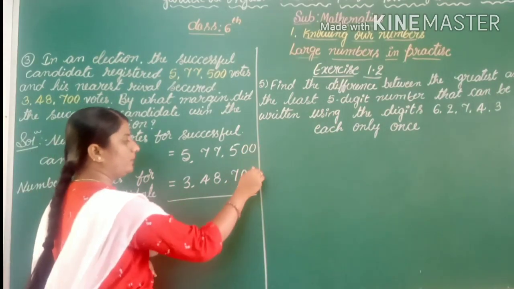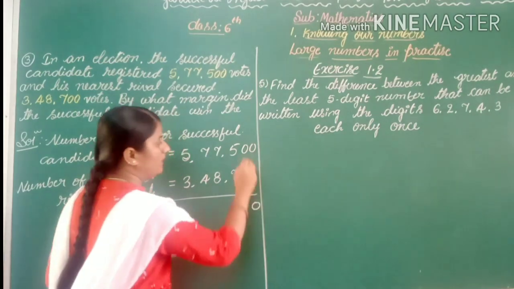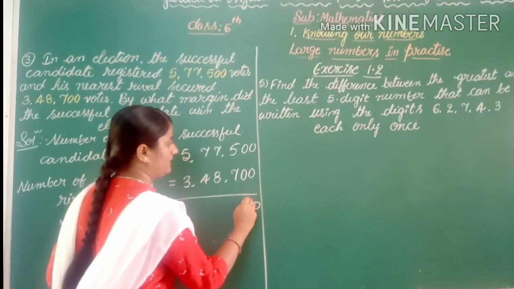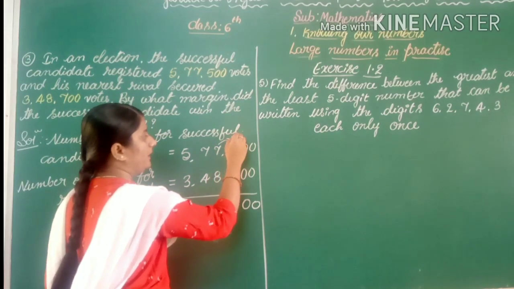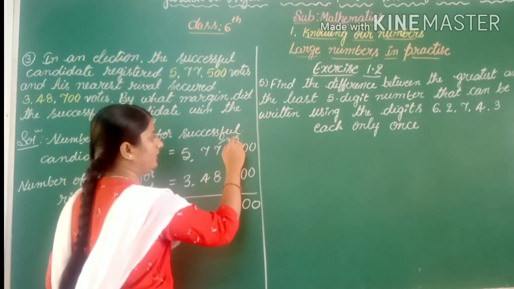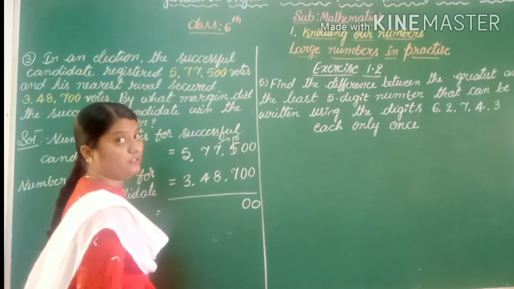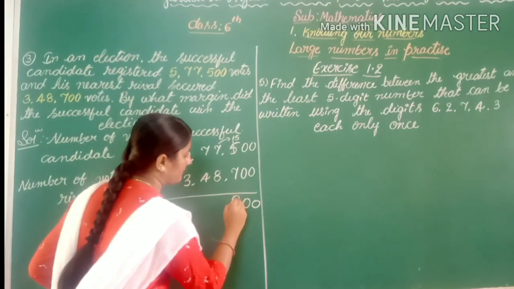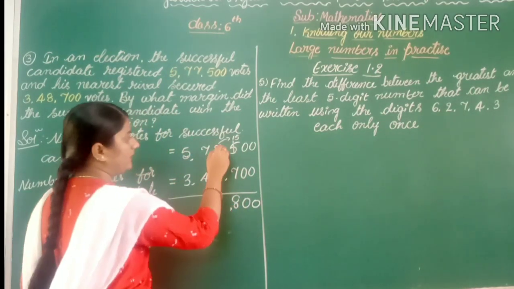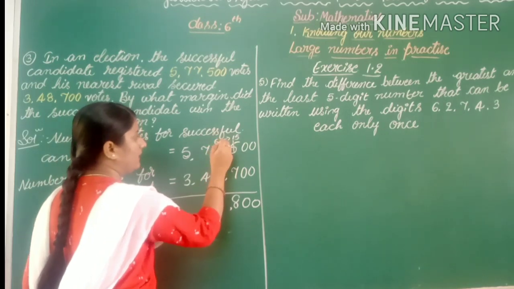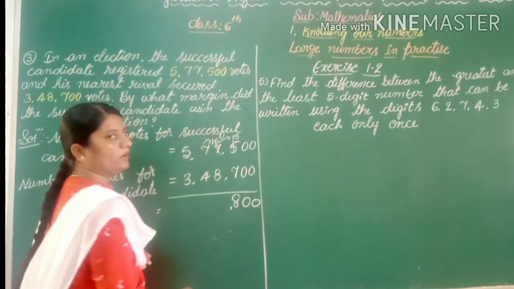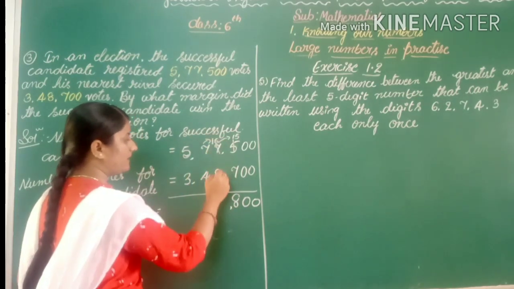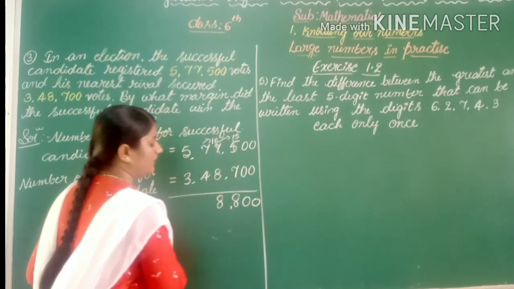Subtract: 0 minus 0 is 0, 0 minus 0 is 0, 5 minus 7 you cannot subtract, borrow 10, it becomes 15, 15 minus 7 is 8. Then here there will be a 6, 6 minus 8 you cannot subtract, borrow 10, it becomes 16, 16 minus 8 is 8.